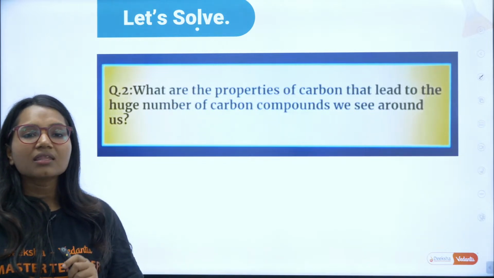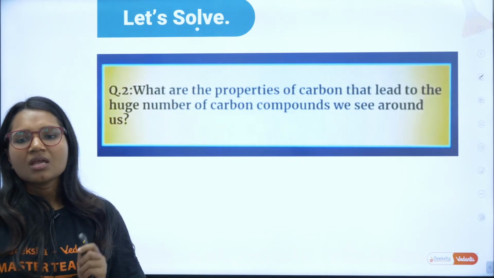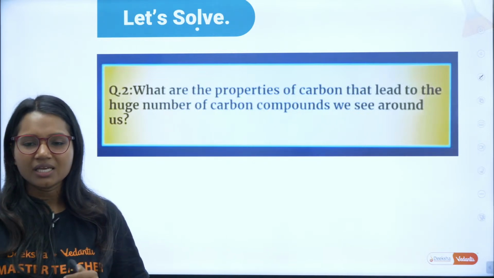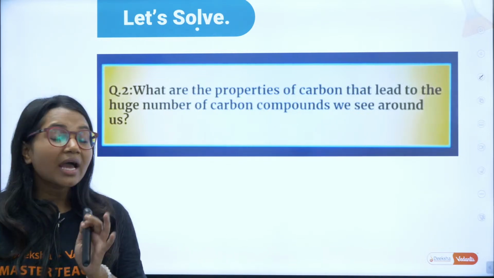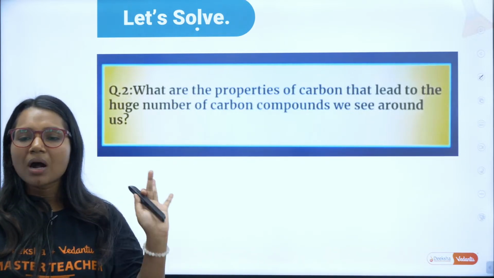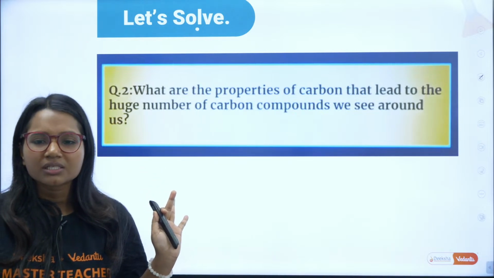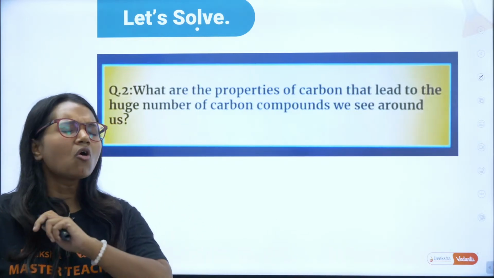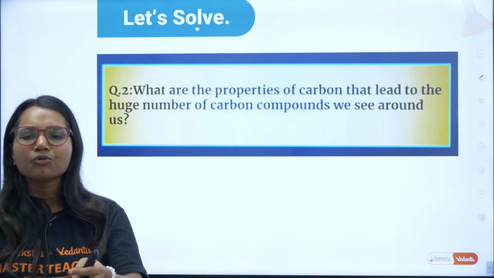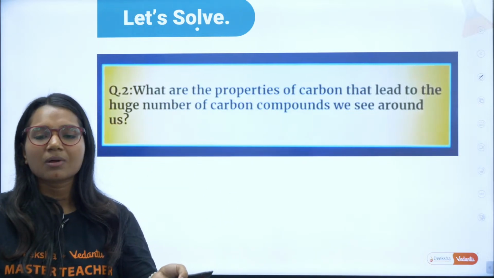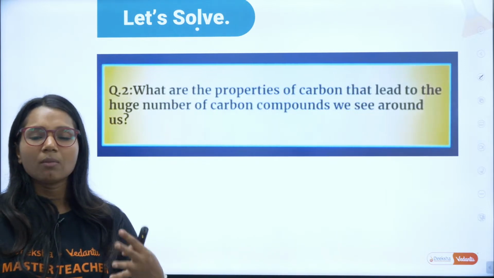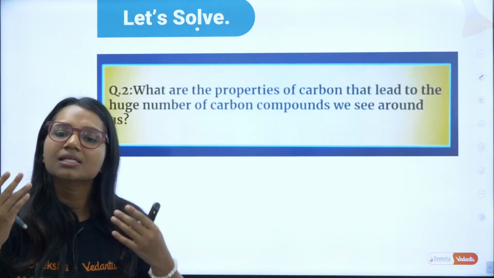What are the properties of carbon that led to the huge number of carbon compounds we see around? You already know that there are so many compounds of carbon possible. Whatever is in front of you contains carbon. Even in our body, most of the part is carbon.